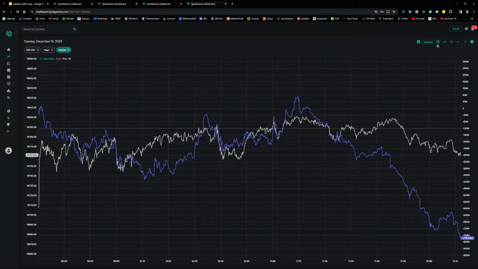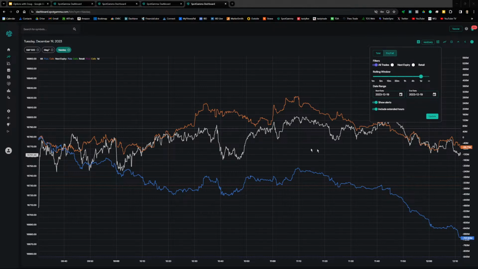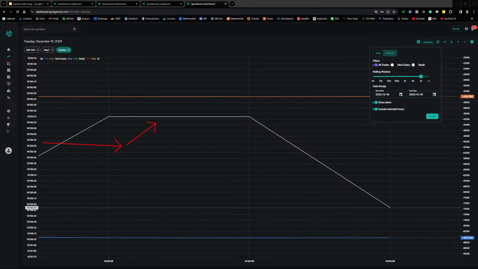Separate out puts and calls. So this provides more clarity, showing that traders, initially the orange line showing traders weren't doing much with calls. Right around 10:10 they started buying calls. Sorry about that.